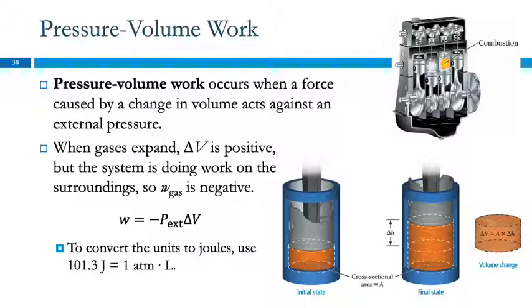This is the sort of thing that happens in an internal combustion engine. You have the gas exploding here, and the volume change creates a force that pushes against the piston, against pressure, and it does work. Then your engine is able to translate that through several different things into forward movement of your vehicle.